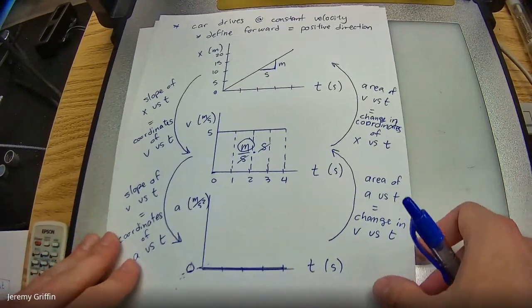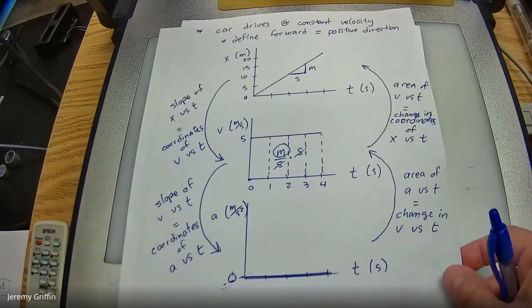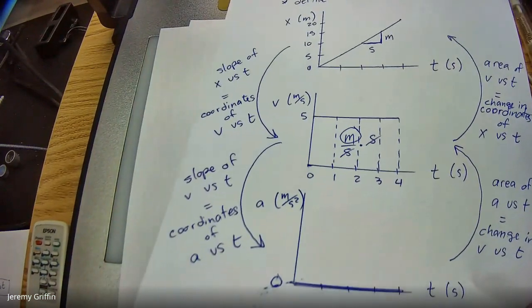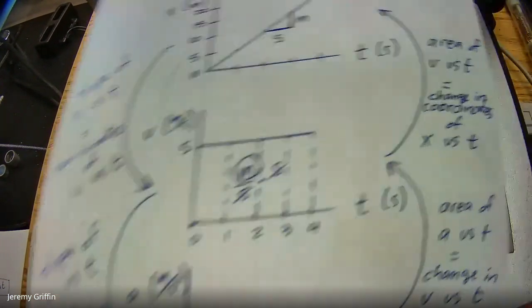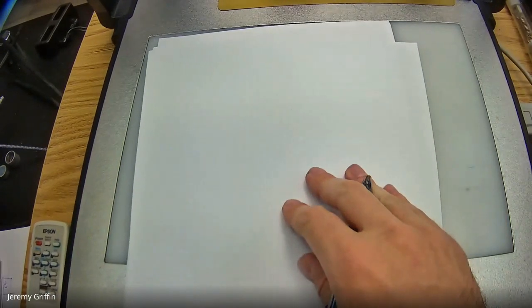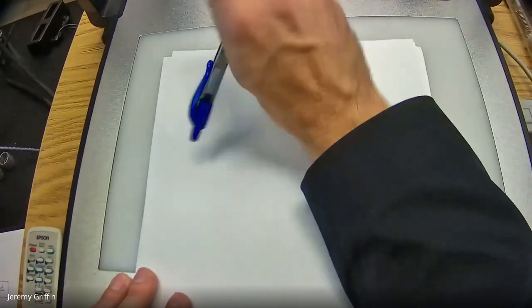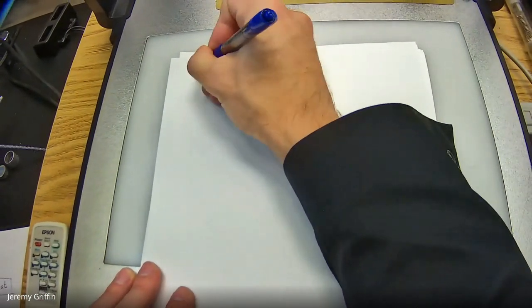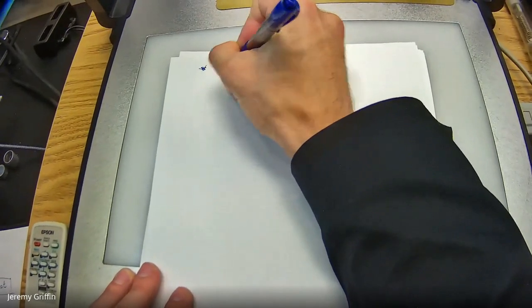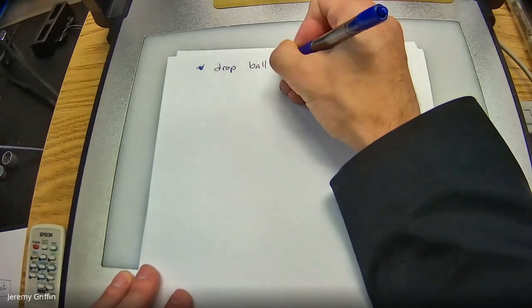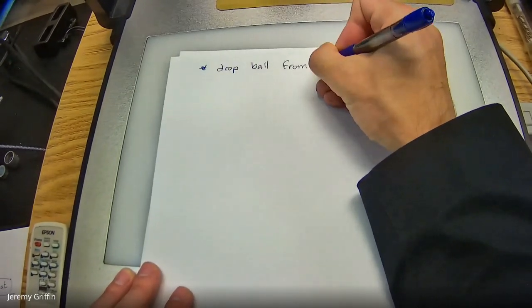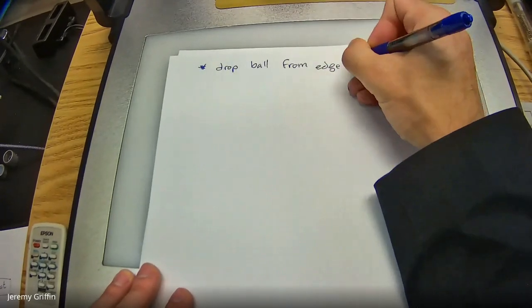You guys ready for a new scenario? We're going to go to the edge of a cliff. And I'm just going to very simply drop a ball from the edge of a cliff.